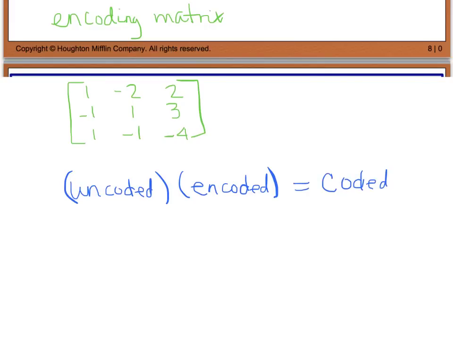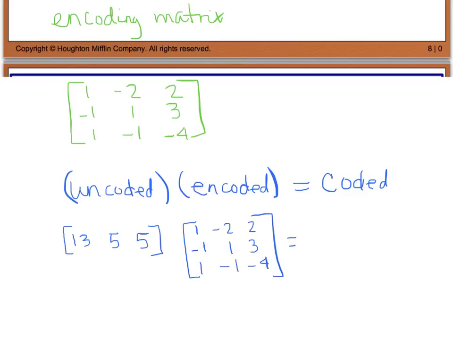And this is something that you can do all in your calculator. So for example, if I look at the first matrix where I had 13, 5, 5, and I multiply that by the encoding matrix of 1, -2, 2, -1, 1, 3, and 1, -1, -4, by multiplying these, I will get a 1 by 3 matrix of 13, -26, and 21.